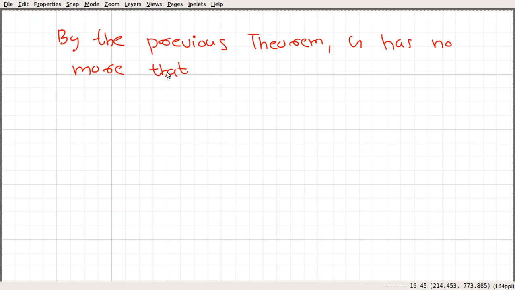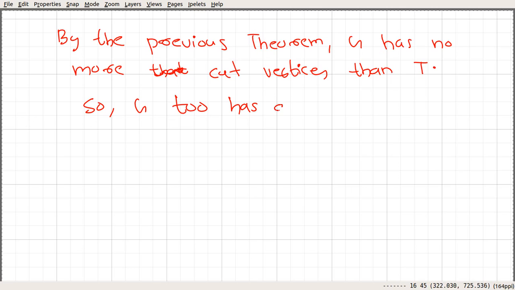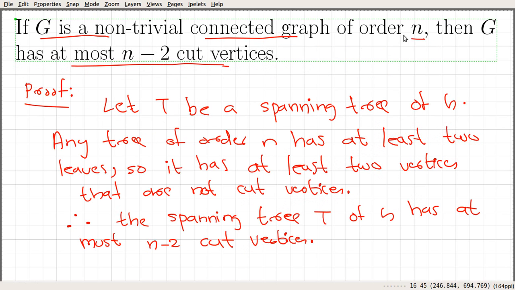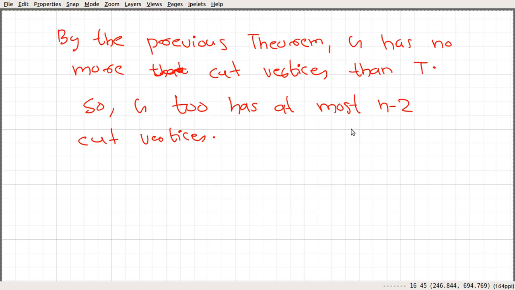G has no more cut vertices than T. So G has at most n minus 2 cut vertices, and that's what we want to prove. And that's the proof.